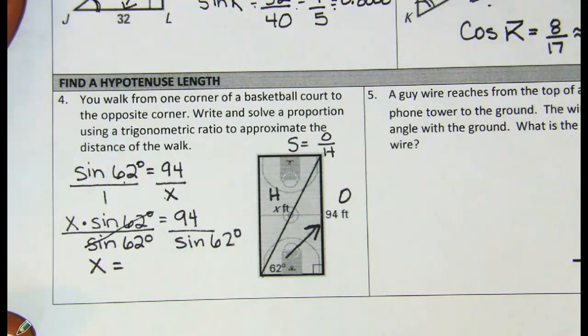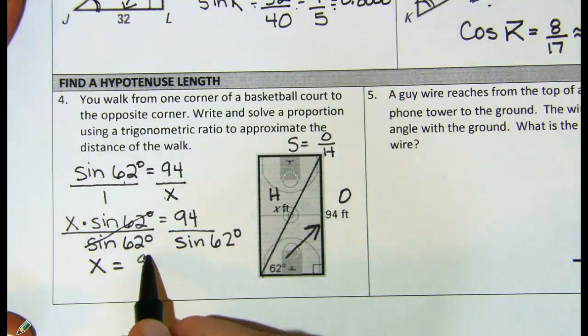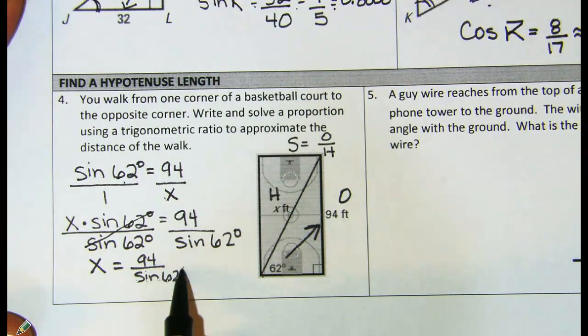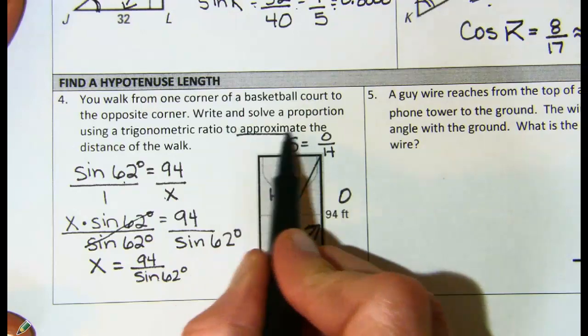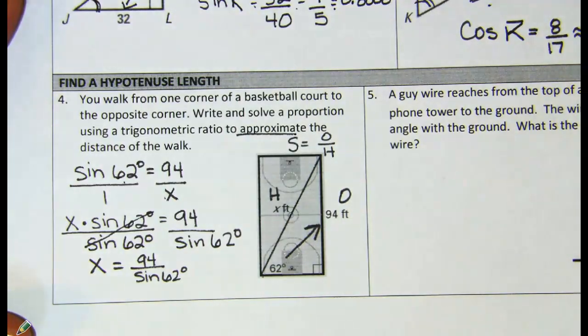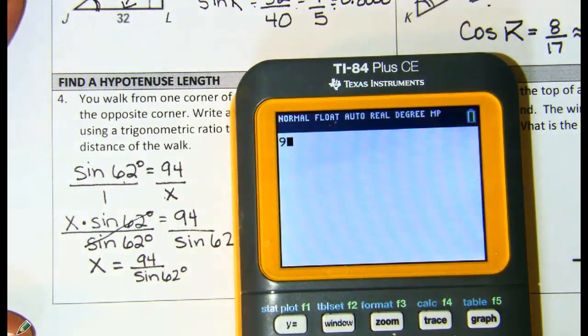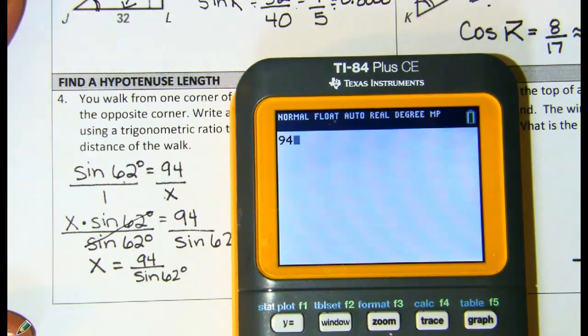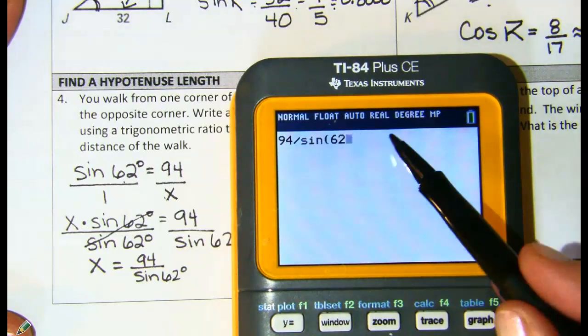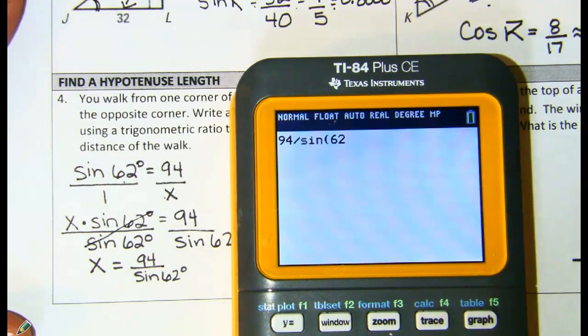So right now I have x is equal to exactly 94 divided by sine 62 degrees. But it does say approximate the distance of the walk. So we will take a calculator. 94 divided by sine 62. Again, notice this right here, I am in degree mode.